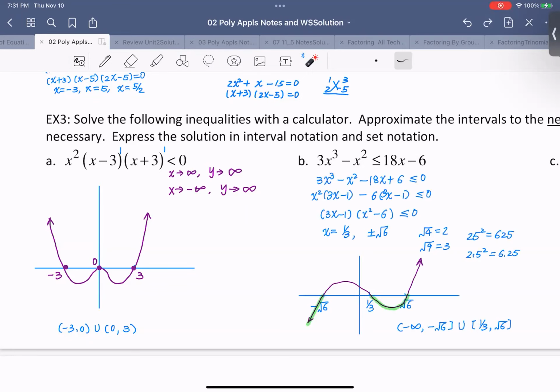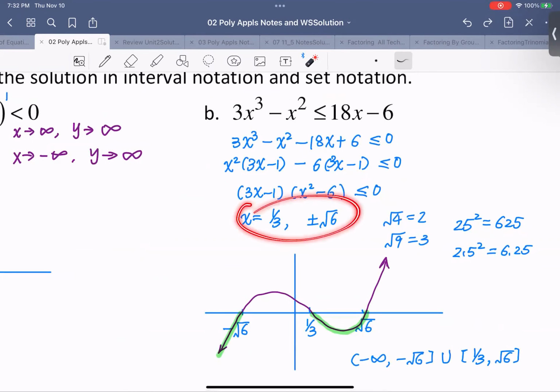So I see that most students already figured out the factoring format. So when you draw this one, you have three roots. You have negative square root 6, you have positive 1/3, you have positive square root 6. And when you are looking for less than or equal to 0, you want to figure out on this curve what are those places below the x-axis. So it's here and it's here.